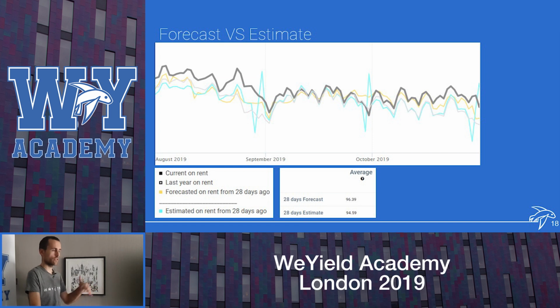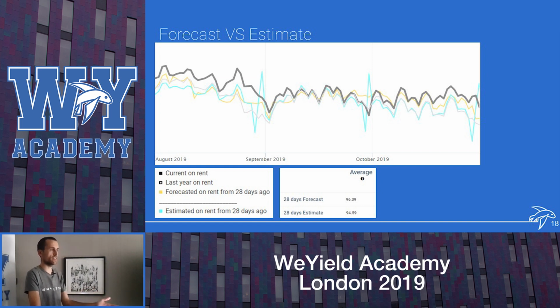smooth, because the machine learning crosses many data and parameters, so usually it's really smoother. And on this particular data set, we reach 96.4% average accuracy with the forecast, but mind that the estimate was still 94.5% accurate.